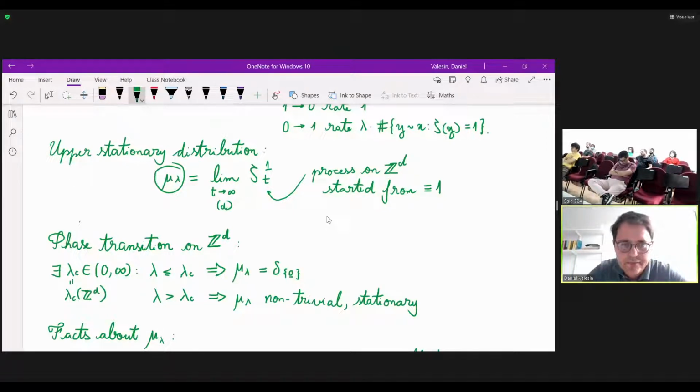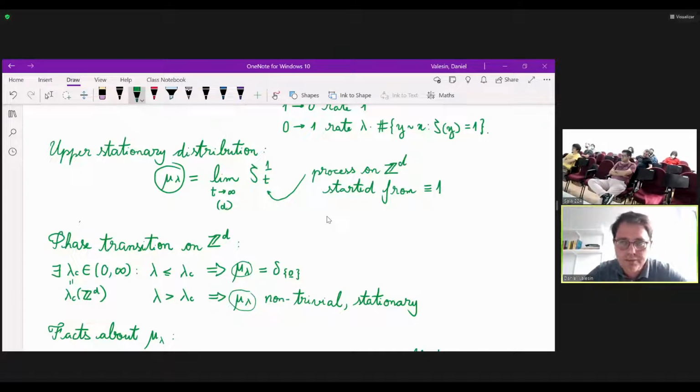If lambda is less than or equal to lambda c, then this upper stationary distribution is just the trivial measure that gives probability 1 to the empty, the all 0 configuration. Whereas if lambda is more than lambda c, then mu lambda is a non-trivial stationary probability distribution on the set {0,1}^(Z^d). So that's one way to express the phase transition of the contact process on Z^d.